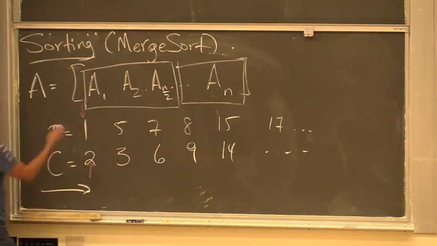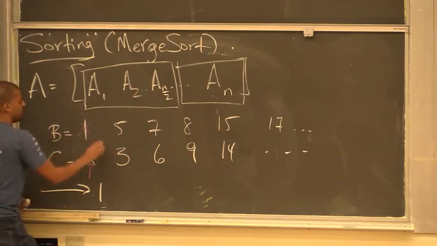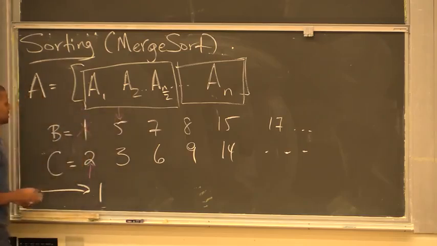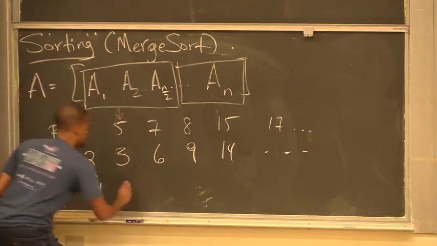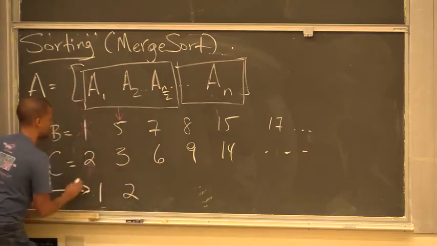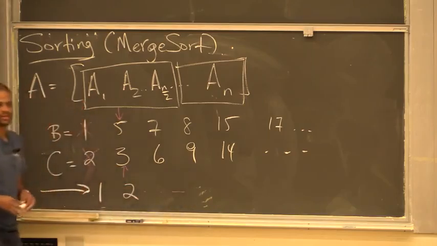Right? So here, we just have to compare 1 and 2, and 1 is the smaller of them. So that's the next thing in our merged output. And then we can advance the finger. And then now we compare the fingers. There's 5 and 2. 2 is the next smallest. So now we can advance this finger, etc., right, until we merge.